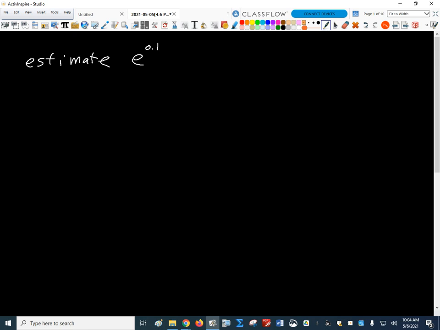We're using a linear approximation or a linearization, right? What do you think? Okay, yeah. So what's a value close to 0.1 that we know how to deal with for e? 0, right? e to the 0 is what? 1. Anything to 0 is 1, right?